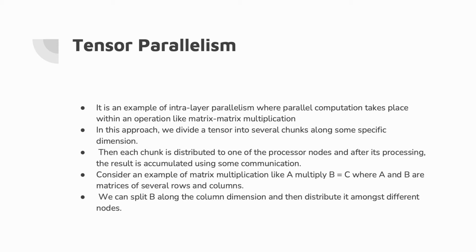Each chunk is distributed to one of the processor nodes, and after processing, the result is accumulated using some communication. Consider an example of matrix multiplication of A multiplied by B, which results in a C matrix, where A and B are matrices of several rows and columns. What if we split B along the column dimension and then distribute it amongst the different nodes?